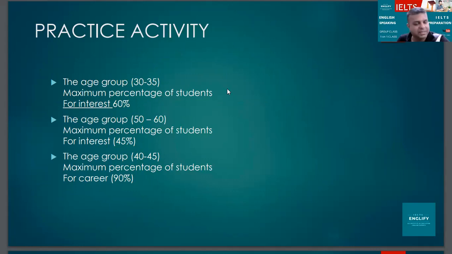So pursuing studies for interest, 60%, pursuing studies for interest, 45%, and then pursuing studies for career. So these three, try to form the sentences as we have learned in the past, right? Find out the verb, and make the sentences in the comment section.